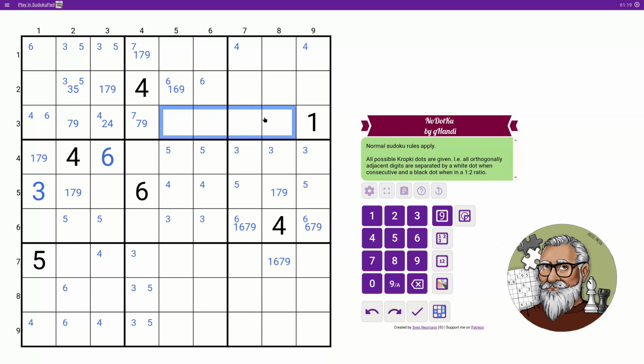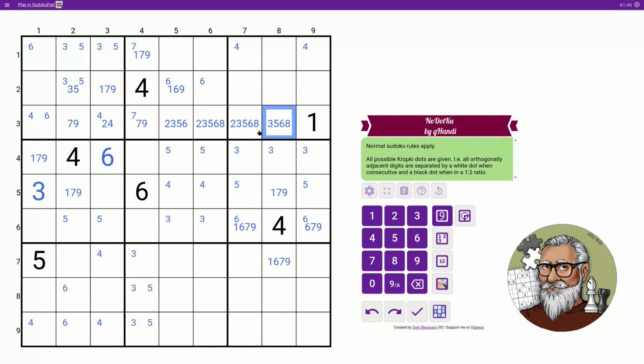It's 2, 3, 5, 6, and 8. Just bear with me. These are from 2, 3, 5, 6, and 8, right? Can't have 4, can't have 1, and we can't have 7 or 9. Okay. This one isn't 8, and this one isn't 2.